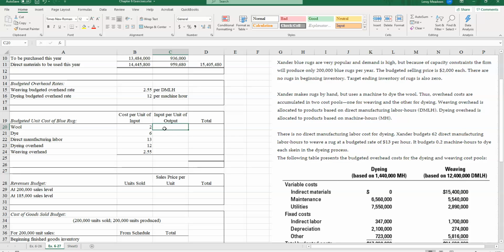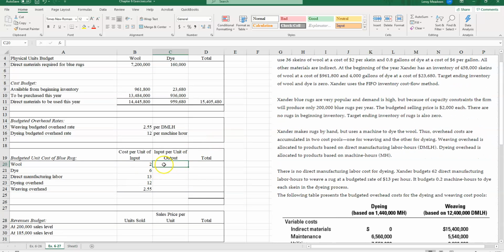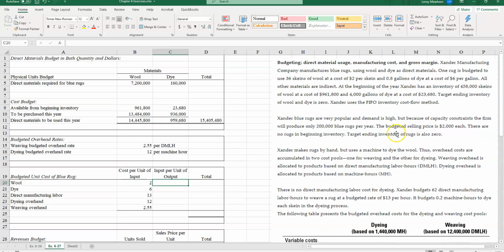So how many units does it take per unit of output? Let's take a look here. And wool, how many skeins of wool do I need per unit? We're told here in the problem that one rug is budgeted to use 36 skeins of wool. So if I have $2 per skein and I need 36 skeins per rug, what is the per unit cost of wool?